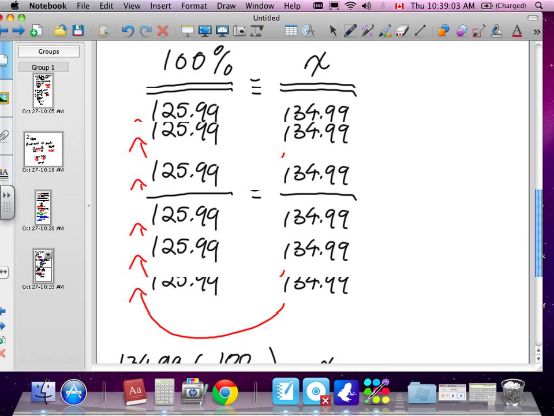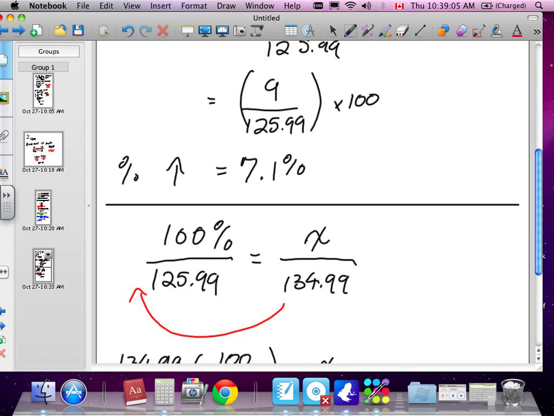107.1. So of the old price, the new price is 107.1. So X is 107.1% of the old price. If our old price was 100% and we moved up to 107.1, we find the difference between the two numbers.